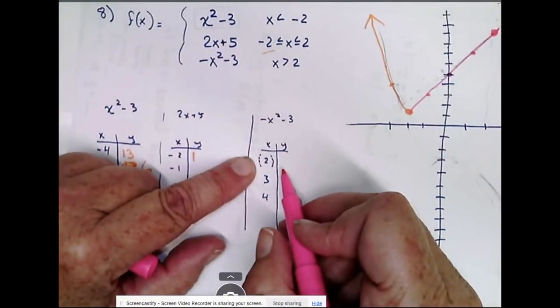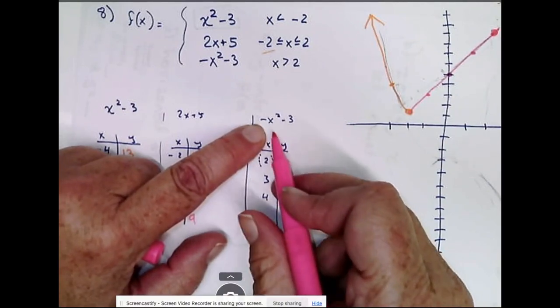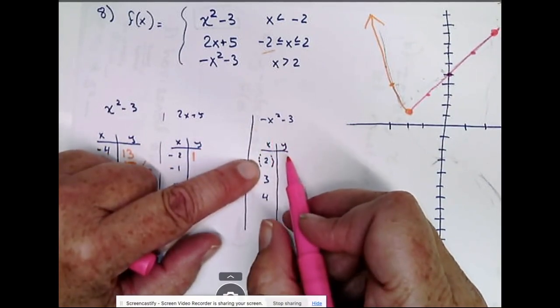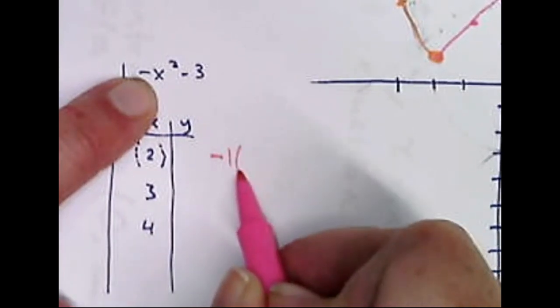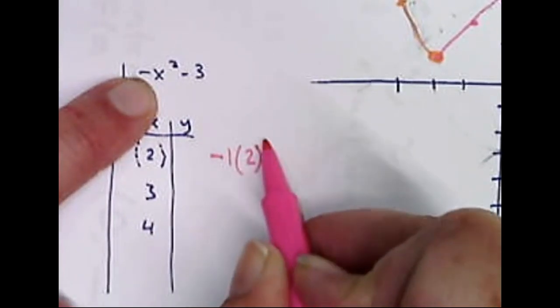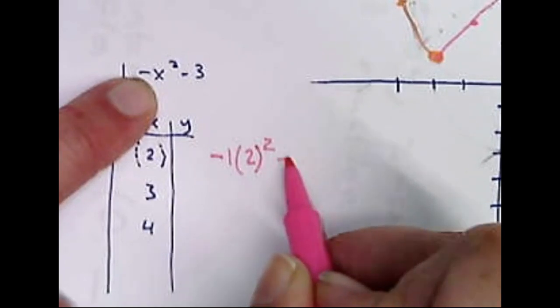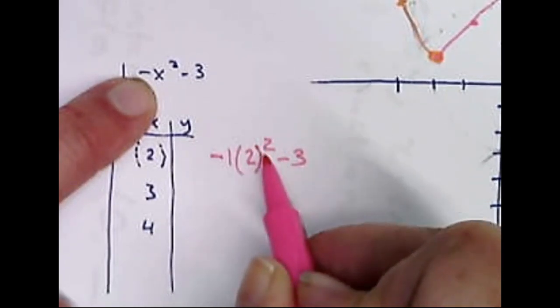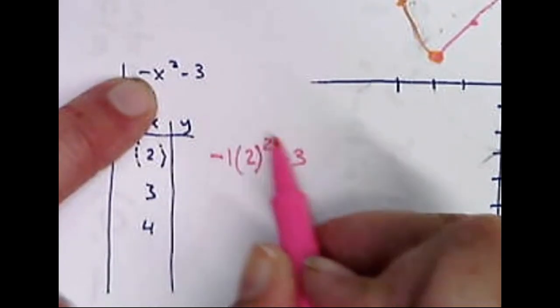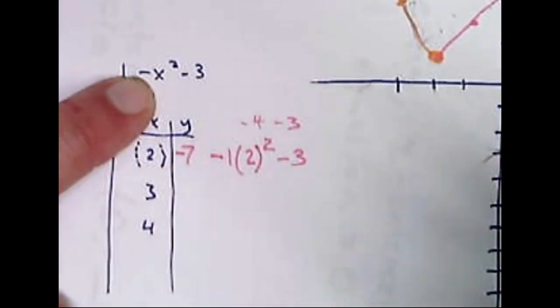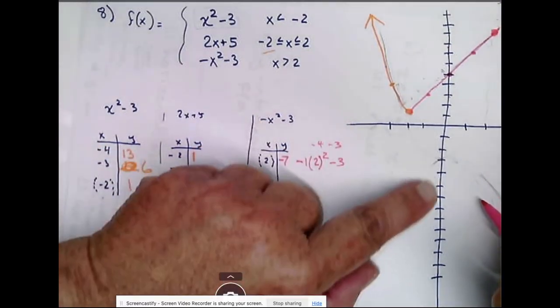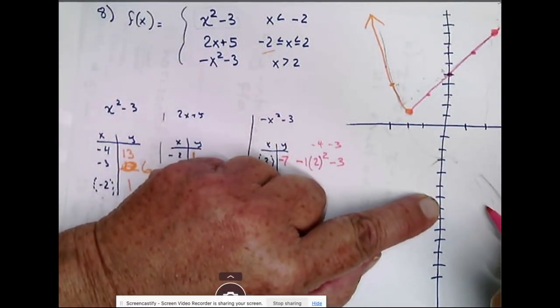Inverted parabola here. We're going to have an open circle when x is 2. Remember that negative x squared is negative 1 times 2 to the power of 2 minus 3. You do your squaring first. So that's negative 4 minus 3. So that's negative 7. So at 2, negative 7, 1, 2, 3, 4, 5, 6, 7, we're going to have an open circle.